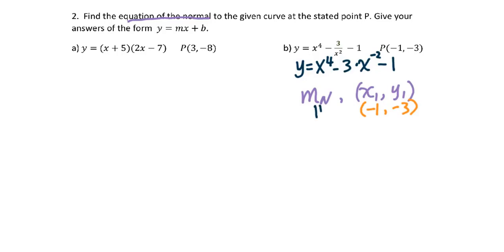For the slope of a normal line, we need to get the slope of a tangent line first. So for the slope of the tangent line, you need to get the derivative. Let's do f prime of x equals the derivative of x to the fourth power, that is 4x to the third power. Drop down, minus 1.